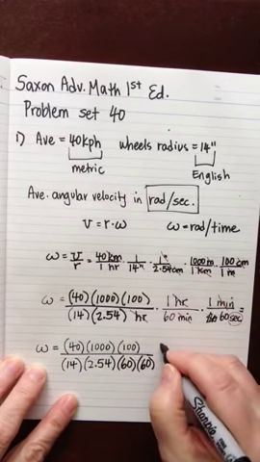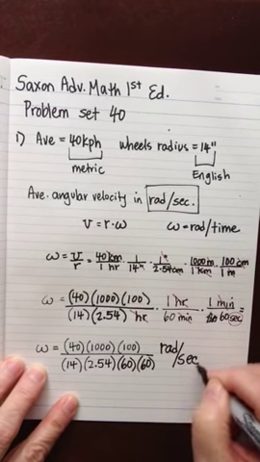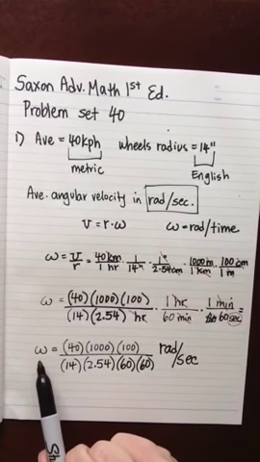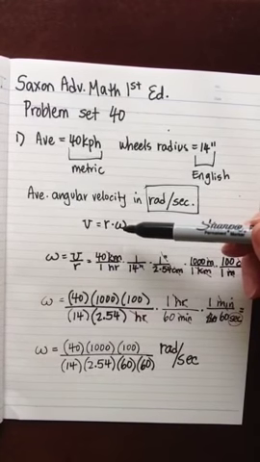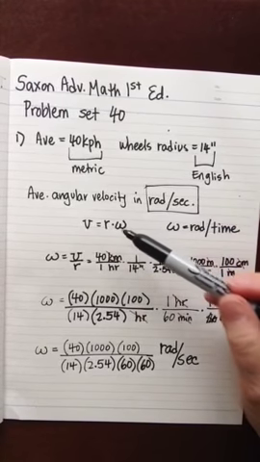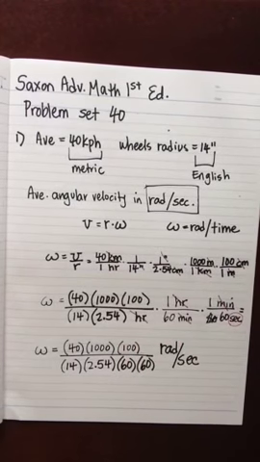And you can put in radians per second because you have no other unit but seconds, because this is given in radians. When you use it in this equation, you're calculating radians, or you need it to be in radians for this equation to work. And that is how you would solve Saxon Advanced Math First Edition Problem Set 40, the first one.